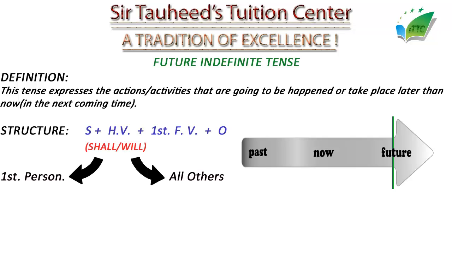So if the subject is first person, I or we, then we use shall, and with all other subjects we use will. Like you will, they will, she will, he will, and you can also use any noun. Ahmad will, Aisha will. So guys, this is the usage of shall and will.